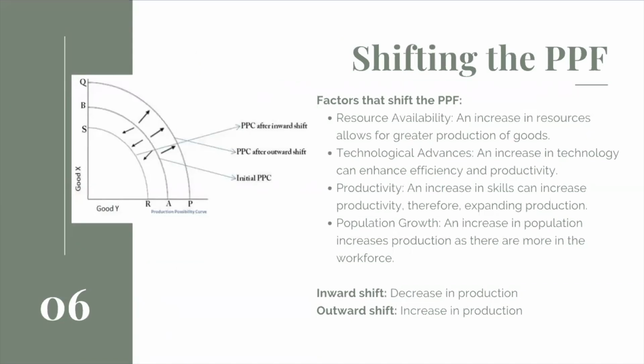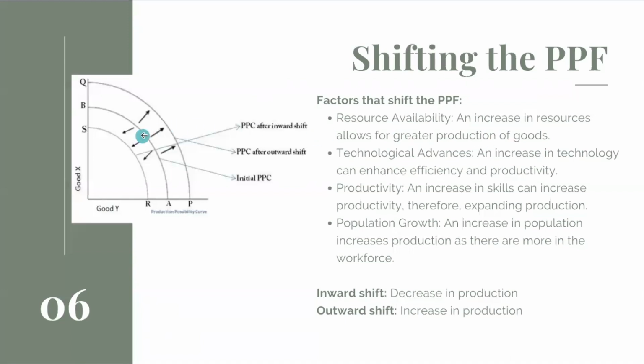So there are a few factors that result in a shift of the production possibilities frontier line. The line can shift either outwards or inwards depending on these factors. One of the factors is resource availability. An increase in resources allows for greater production of goods.